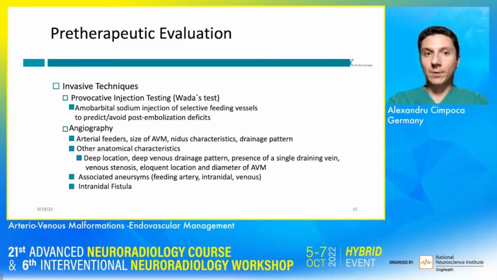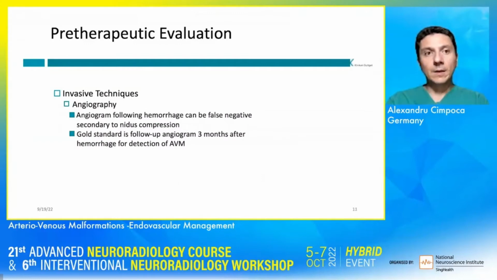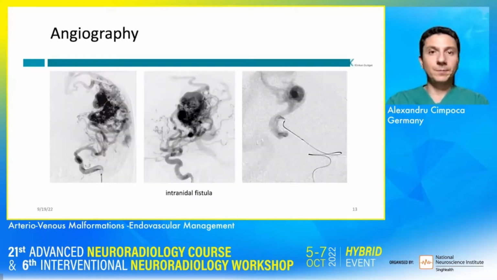It's capable of characterizing the whole AVM architecture, the feeding arteries, the draining veins, and the presence or absence of risk lesions like aneurysms. Please bear in mind that an angiogram following hemorrhage can be false negative secondary to nidus compression. So the gold standard is a follow-up angiogram 3 months after the original hemorrhage for AVM detection.